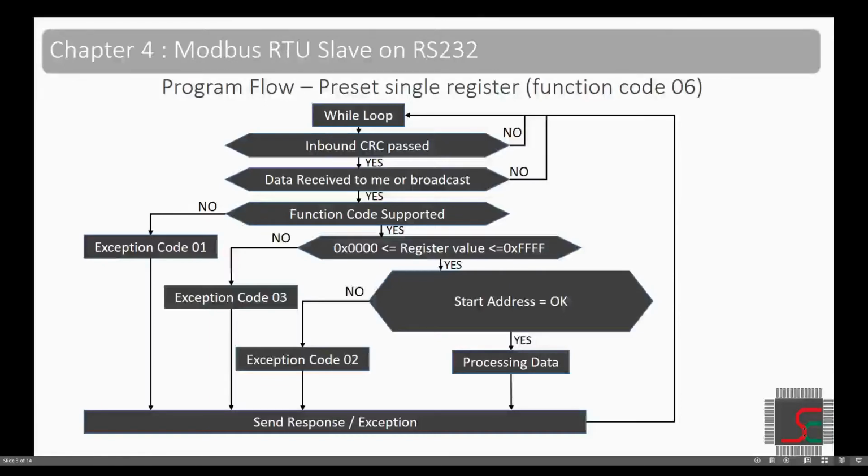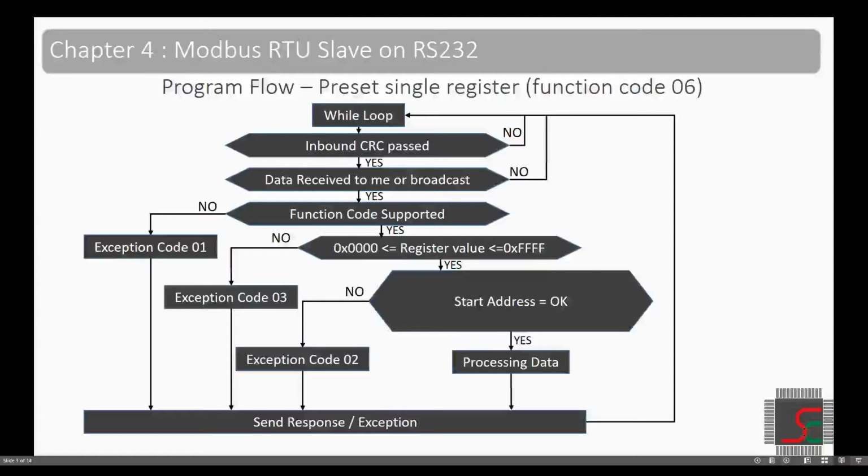So the first four blocks of the conditional diagram are the same, meaning we start with the while loop, we check once the timer 7, that T3.5 timer, is expired, we recheck the CRC, and finally check whether the data is received for me or is it a broadcast address. Then thereafter we check the function code, the limits of the data and also the limits of the registers.